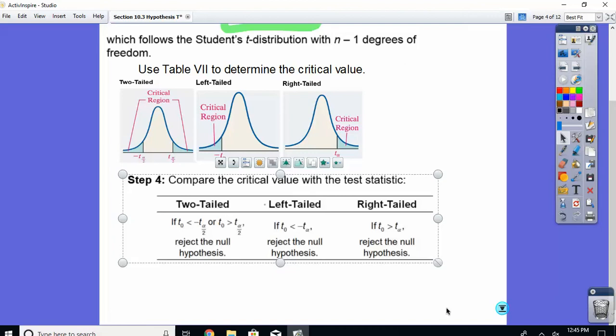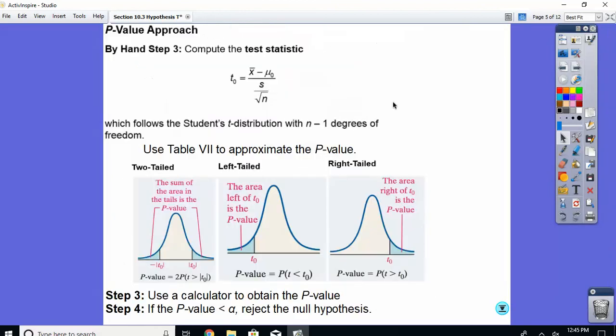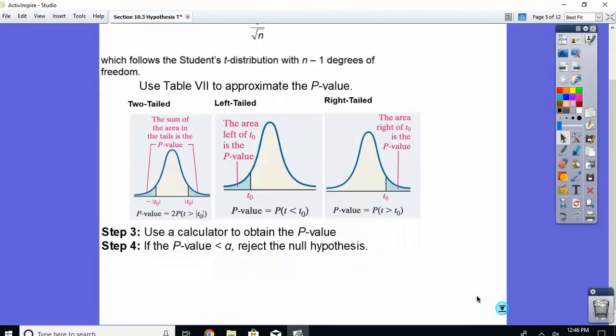It takes a lot more thought than a p-value approach, so we'll talk through one, but ultimately we'll go the other route. Basically you'll find the t-value and compare that with your t-alphas. With the p-value approach, you're still computing your t, but then we are going to have to look at it in terms of areas, the probabilities. So we'll be reading probabilities from there.